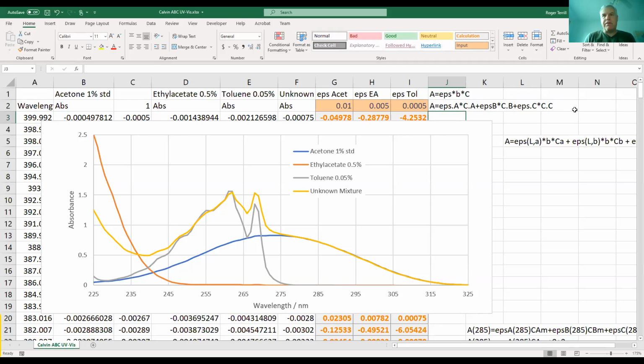And this is the formula, right? And I haven't included lambda here, the wavelength. But it's just a color, right? And so at any given color that you look, the absorbance of the unknown is equal to the sum of those three extinction coefficients times their concentrations.